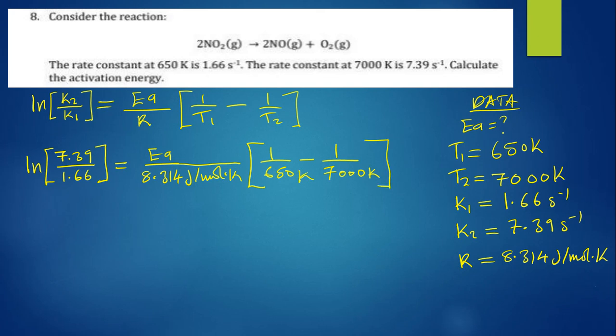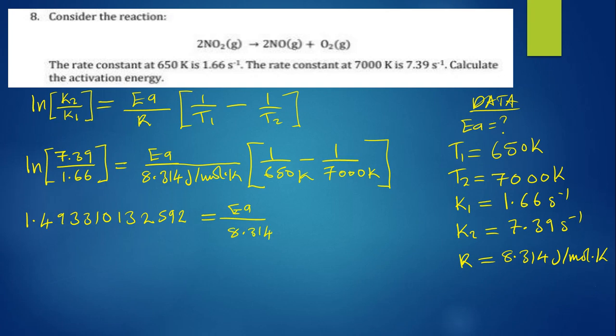And then on your calculator, if you punch ln of 7.39 over 1.66, you're going to get something like 1.493310132592, is equal to the activation energy over the gas constant, which is 8.314.